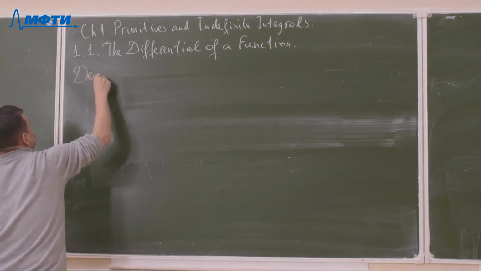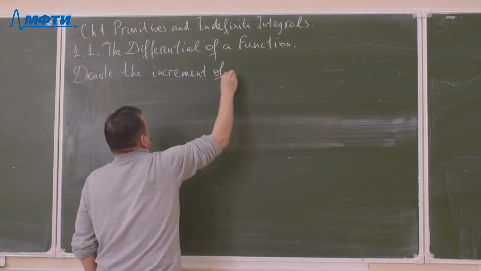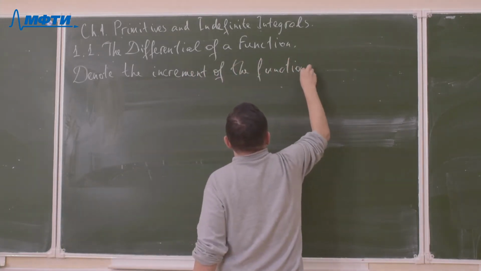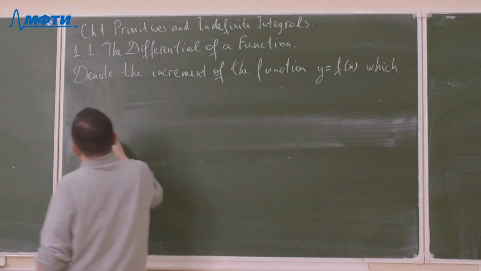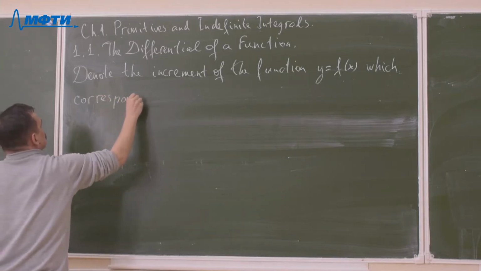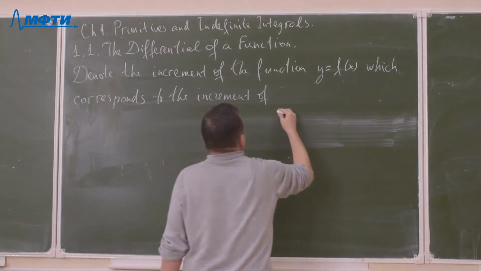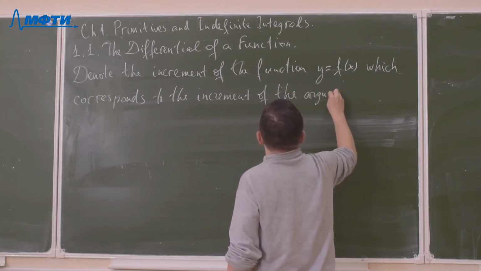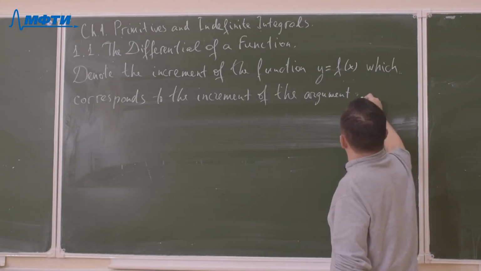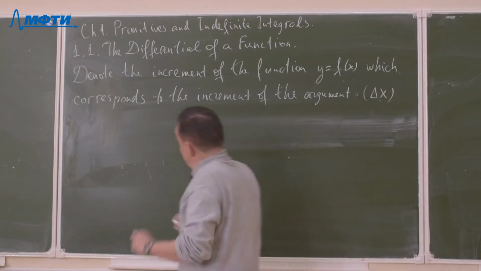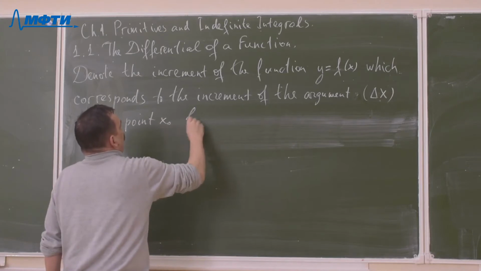So denote the increment of the function y equals f of x, which corresponds to the increment of the argument x, of the argument delta x at the point x naught, by delta y.